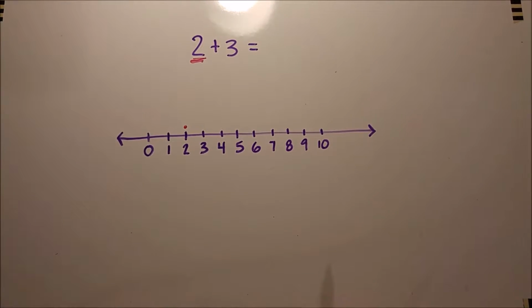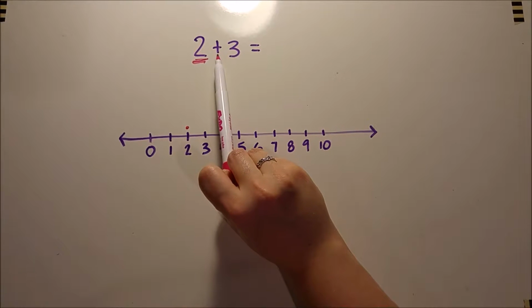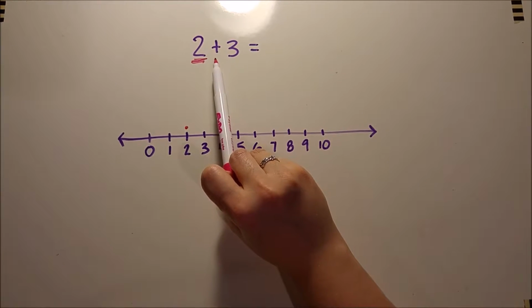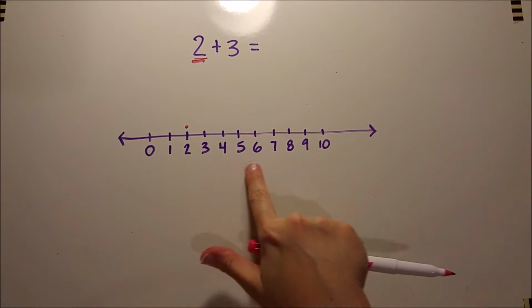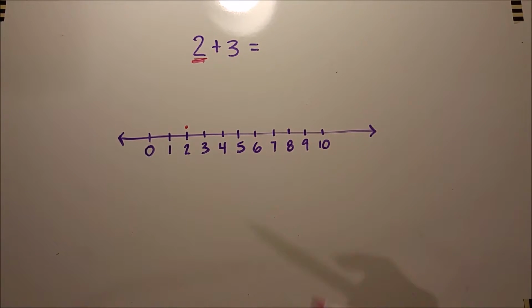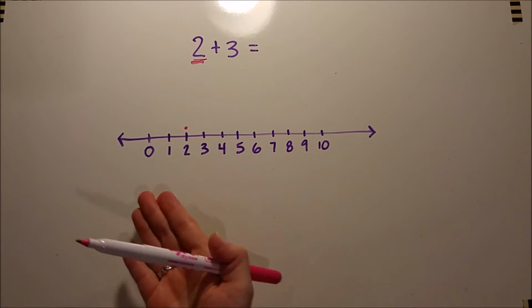Alright, so in order to know where we will go, we're going to look to see if we're adding or subtracting. Remember, adding is putting things together. That's going to make our numbers bigger, so we're going to go this way to the right. If it was subtracting, we would be taking things away, so we would go the opposite direction.